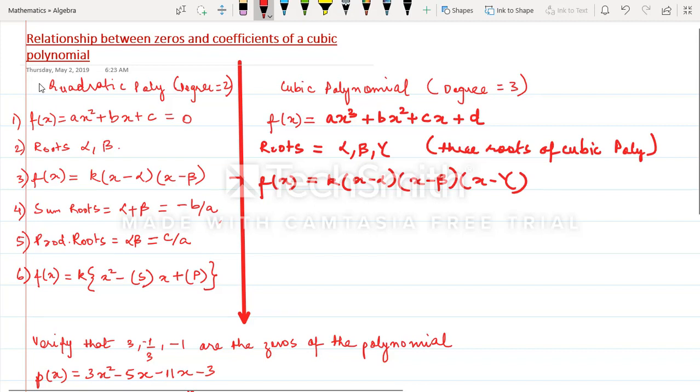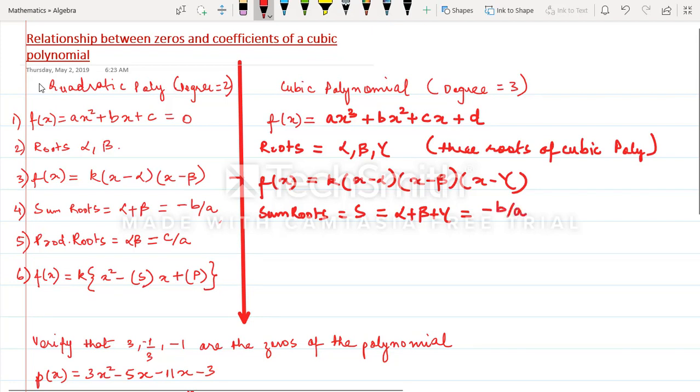Remember, I am just describing cubic polynomials as an extension of quadratic polynomials so that it becomes easier for you to remember. Now the sum of the roots, which is denoted by s, is equal to alpha plus beta plus gamma, which is equal to minus b by a.